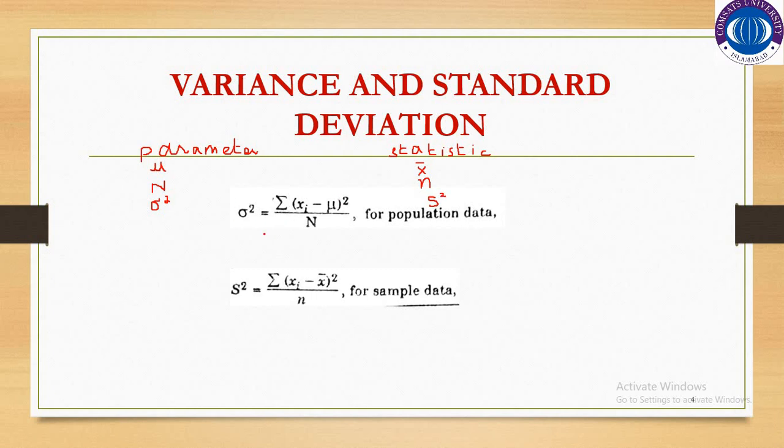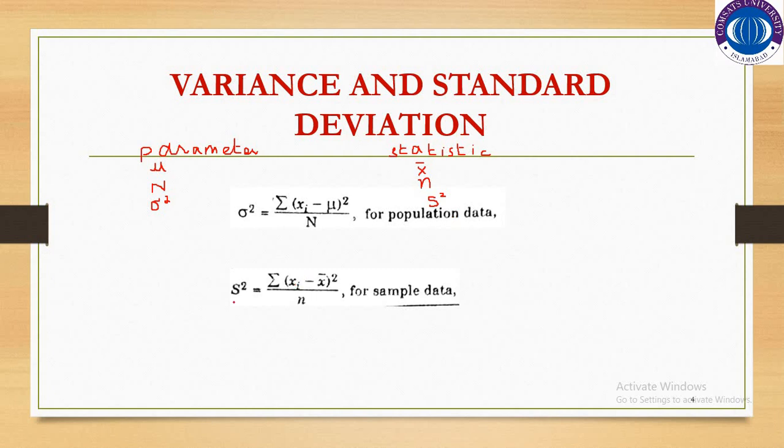So the population variance sigma square is equal to summation x minus mu, whole square, over capital N, as we are taking the deviation from the mean, and the population parameter of the mean is mu. This one is for the population data.